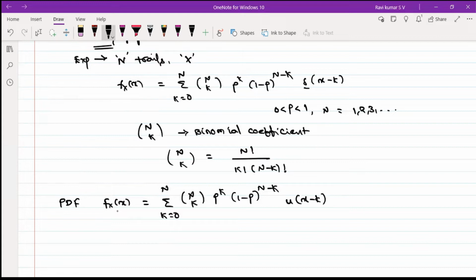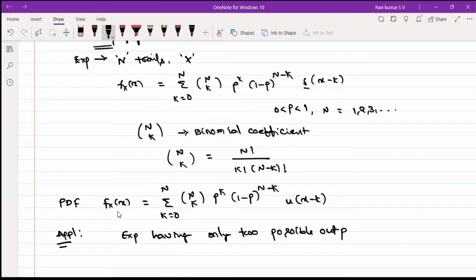Generally this is used in experiments where you have only 2 possible outcomes for a given trial. For this type of application we can use it, such as games of chance and detection of problems in radars and solar systems, where we have 2 possible outcomes for a given trial.